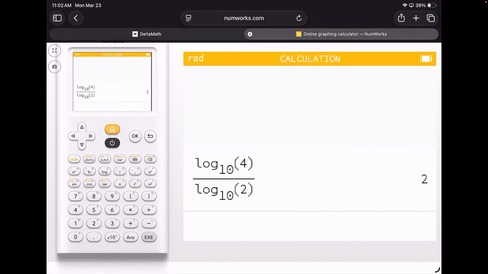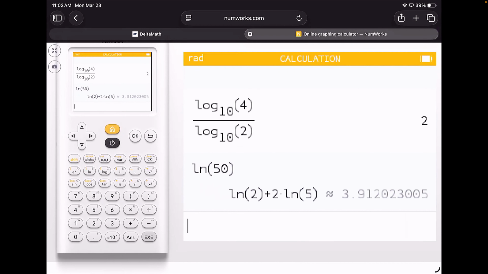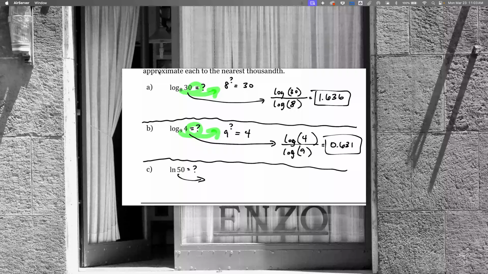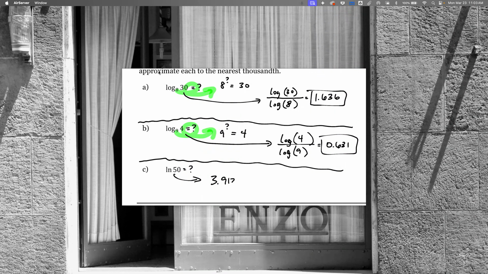You just hit ln 50. 3.912, the 2 is in the thousandths. 0 means stay, so 3.912. The missing power is 3.912.